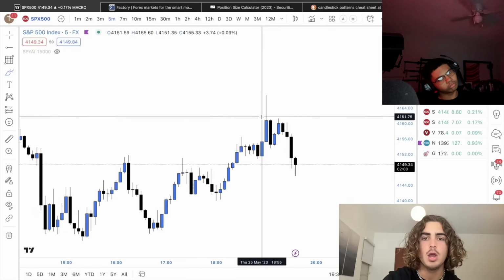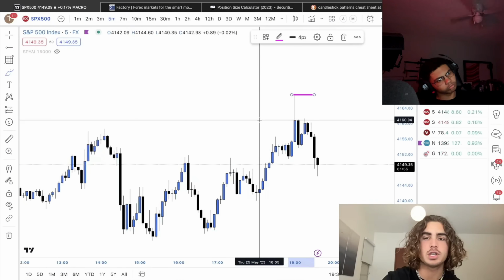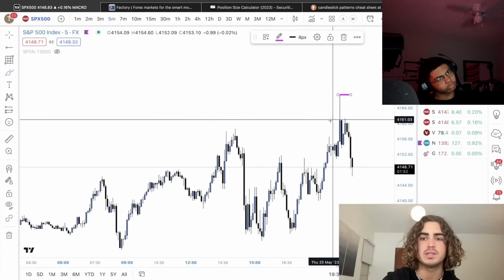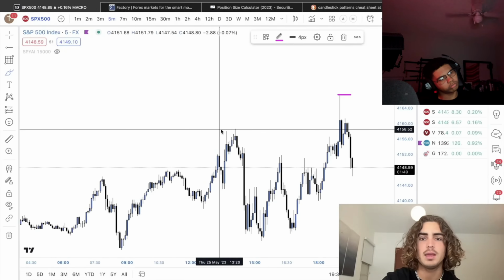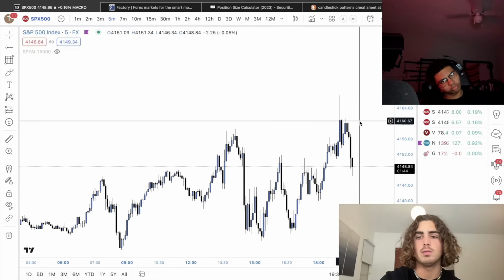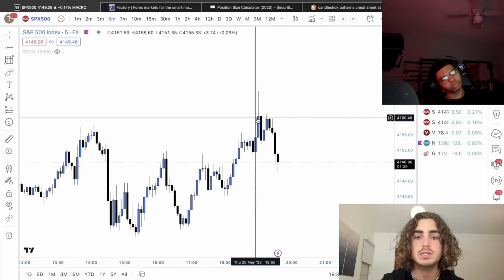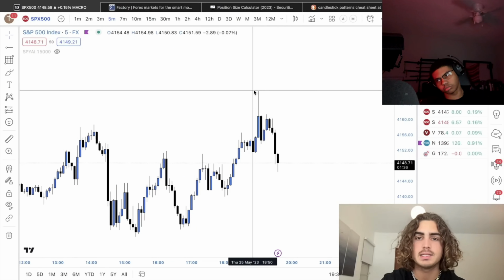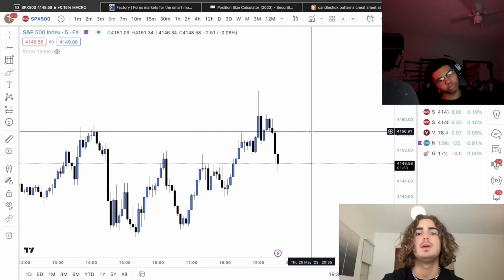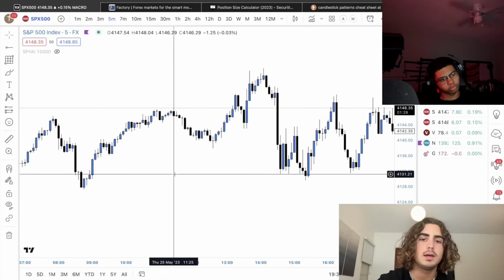We left a fat wick up here, meaning it was not strong enough to close above whatever was residing above here. And more than likely, it was taking this liquidity. So we knew that price pushed up, closed still bullish, but there was weakness because it couldn't finish out this candle. Now, let's find another example.